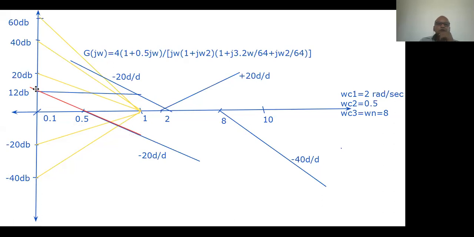What is the slope? If you observe this red line, the slope is minus 20 dB. This is minus 20 dB up to this corner frequency.